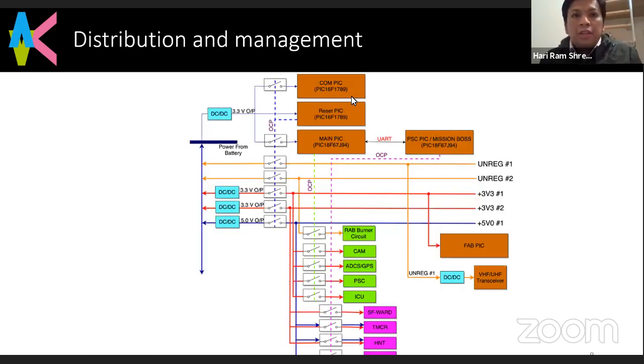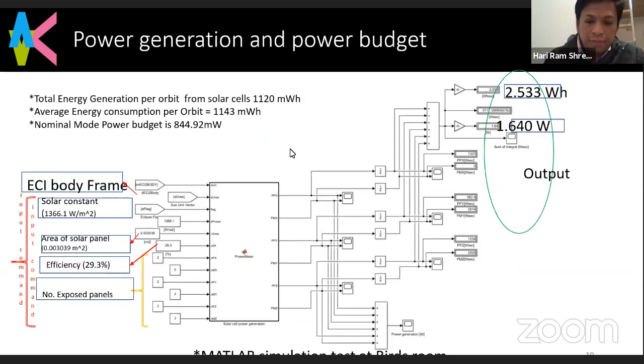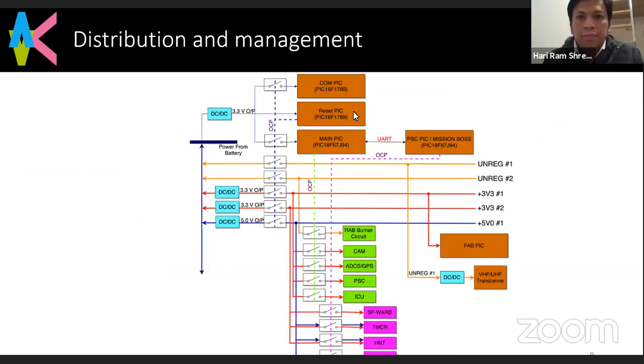So in here, this is the distribution and management EPS design system. We can see here BIRDS-3 has only 4 missions, but BIRDS-4 has more than 8 missions.